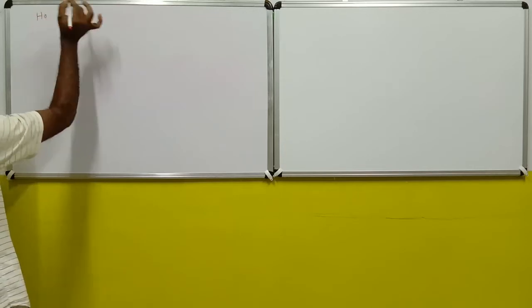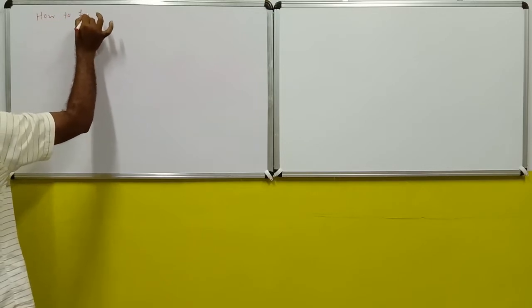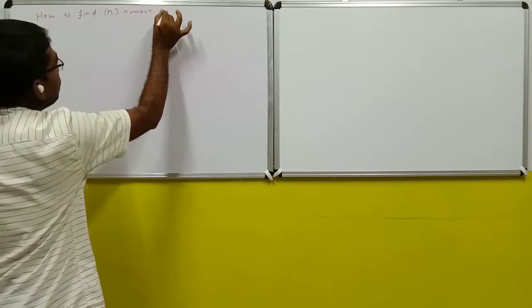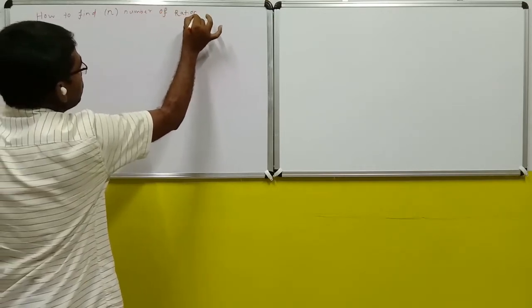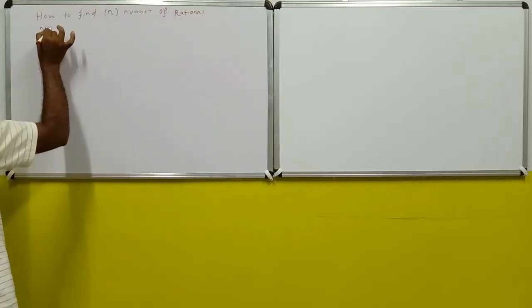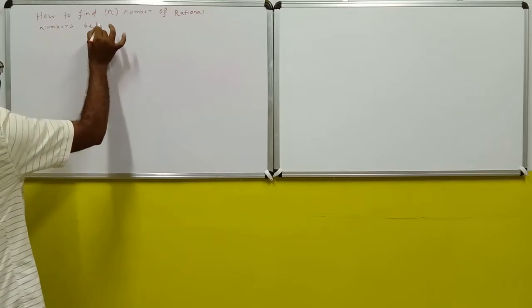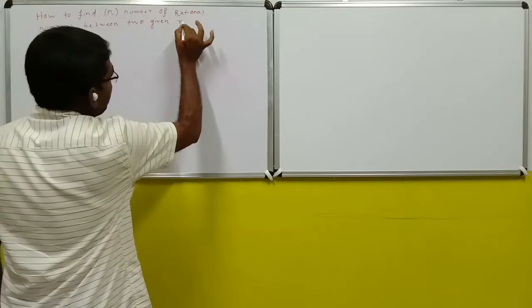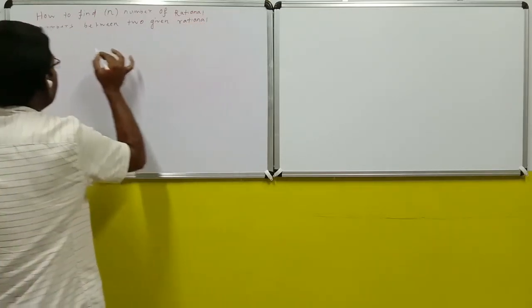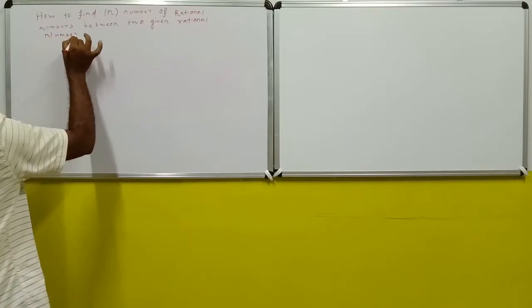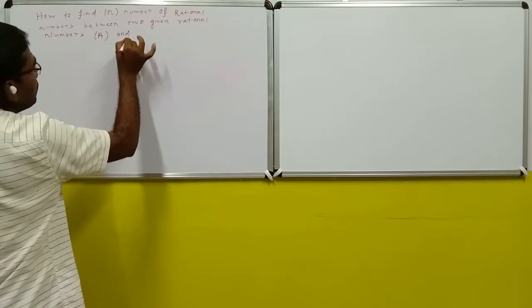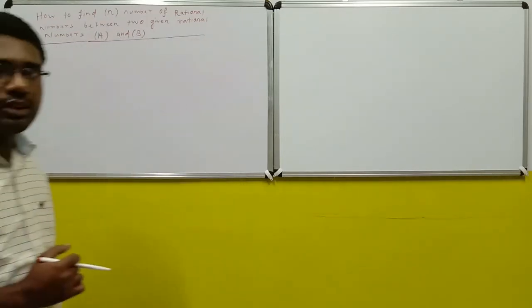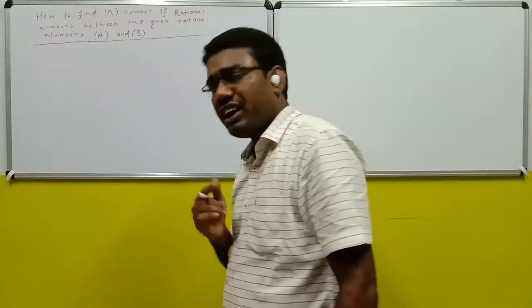The topic is how to find n number of rational numbers between two given rational numbers a and b.